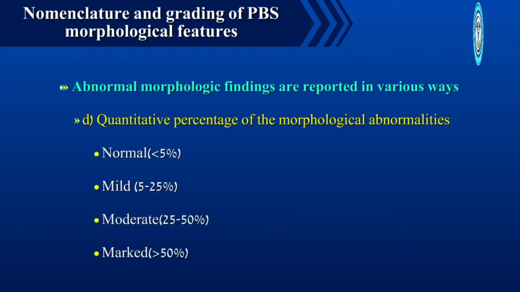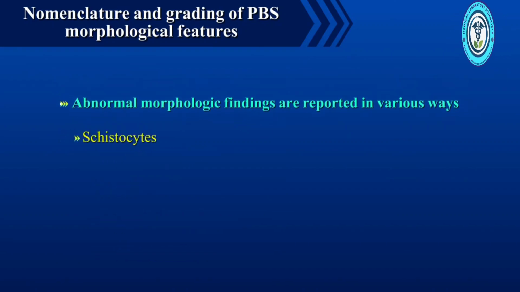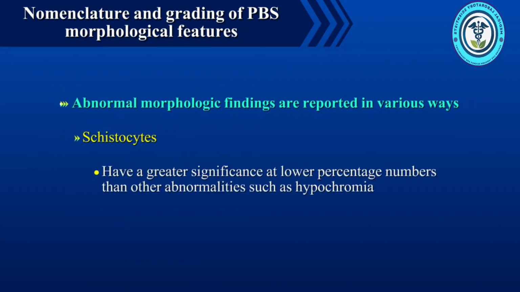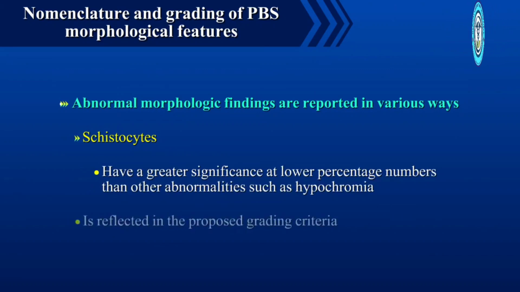Although certain morphological abnormalities, for example schistocytes, will have a greater significance at lower percentage numbers than other abnormalities such as hypochromia, and this is reflected in the proposed grading criteria.